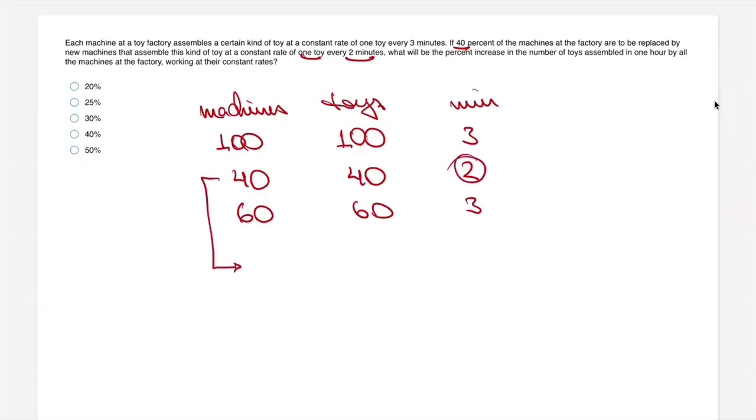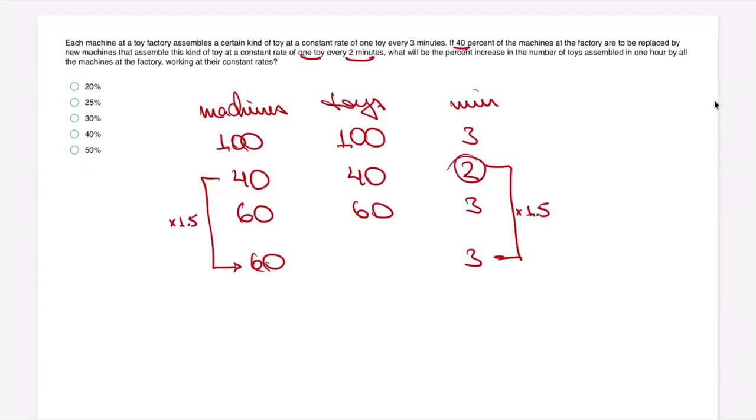If they do 40 toys in 2 minutes, here it is 1.5 times more time. Do you guys agree? 2 to 3. So I am multiplying by 1.5, so I will have 1.5 times more toys. Is that okay? I'm doing another rule of 3, but now directly proportional.